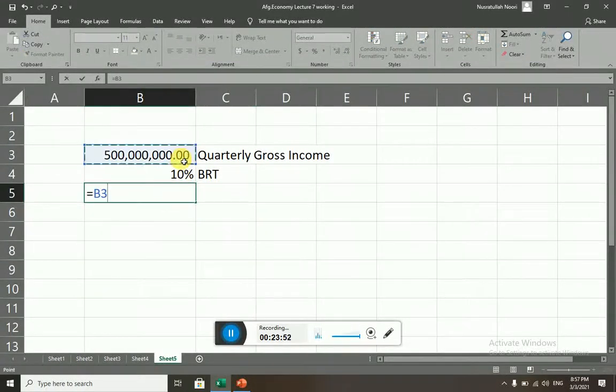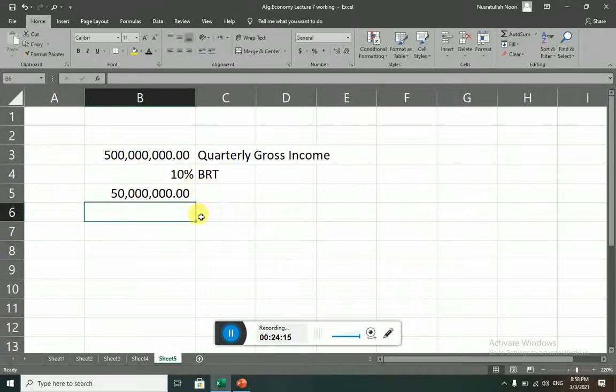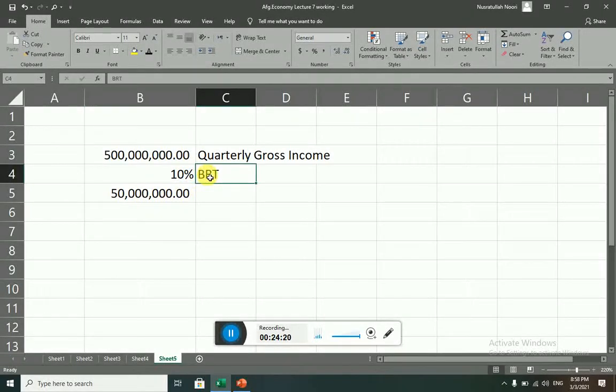We'll have to multiply 500 million with 10%. We have 50 million. So this 50 million is our BRT, right?